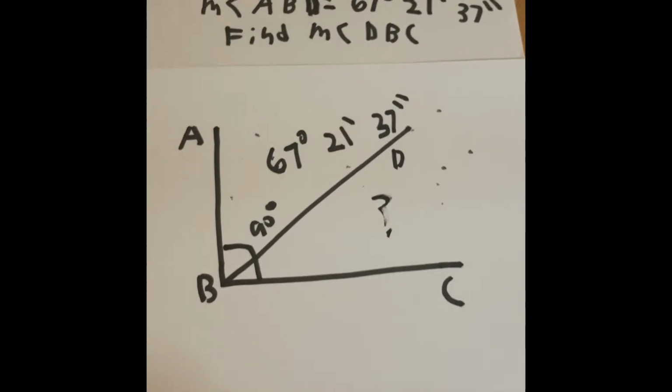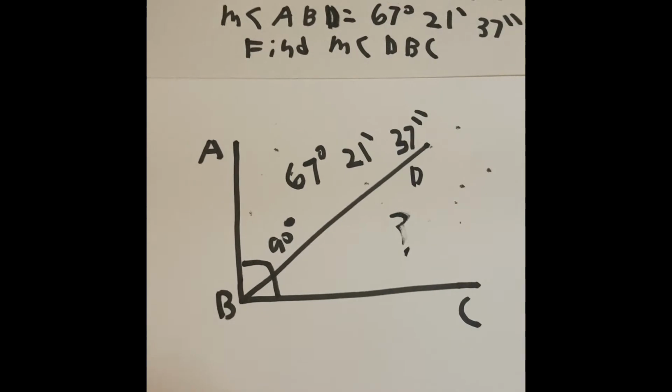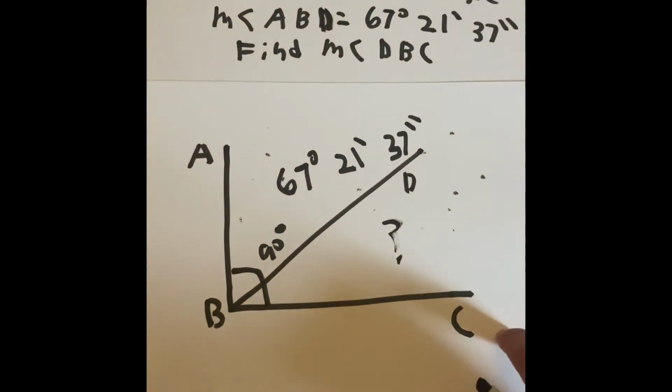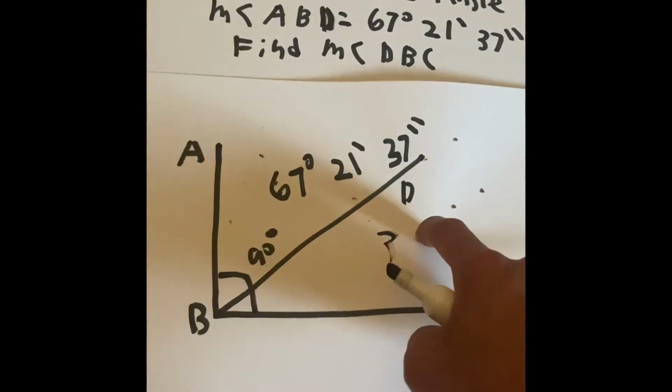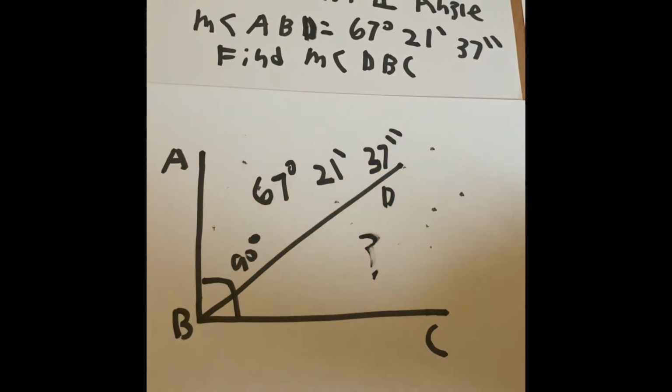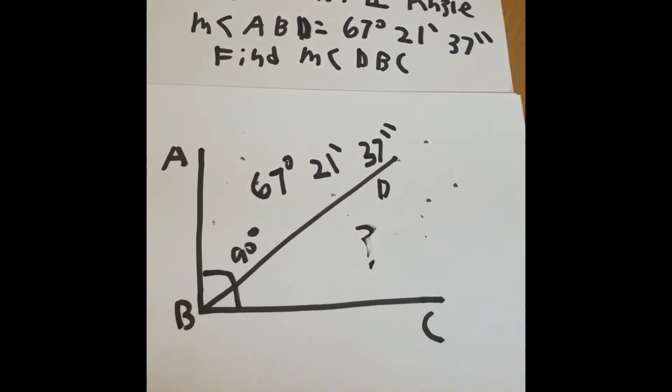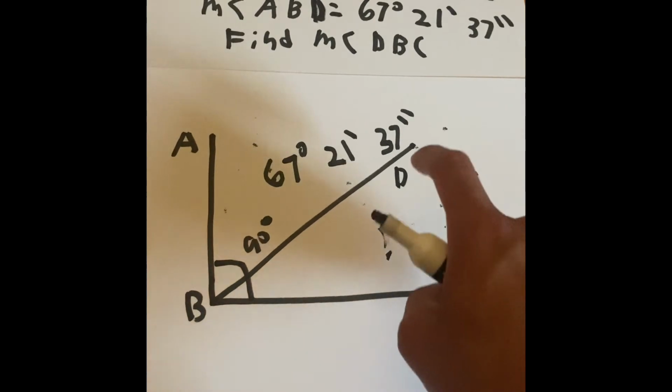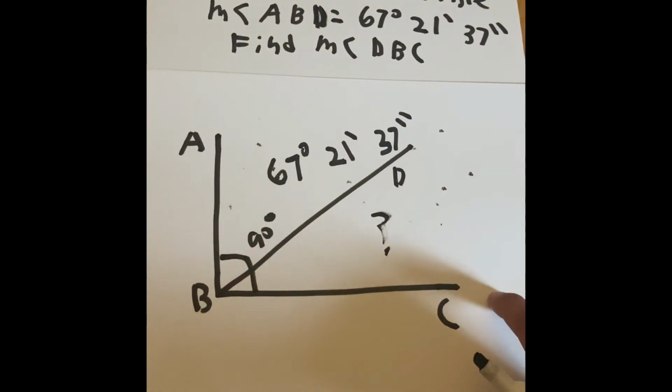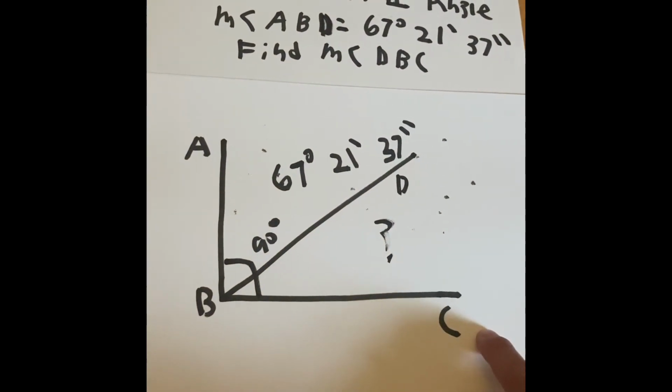So basically, we have to understand that angle ABC is a right angle, and ABD is this thing right here. Therefore, if we want to find DBC, we have to subtract ABD from ABC.